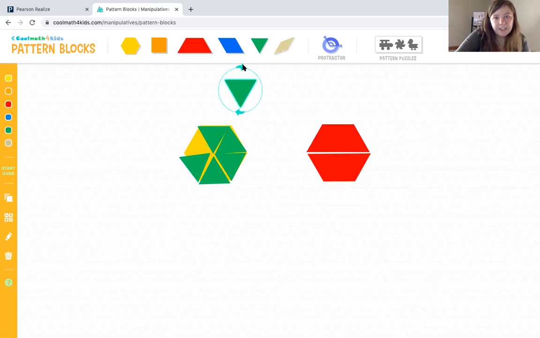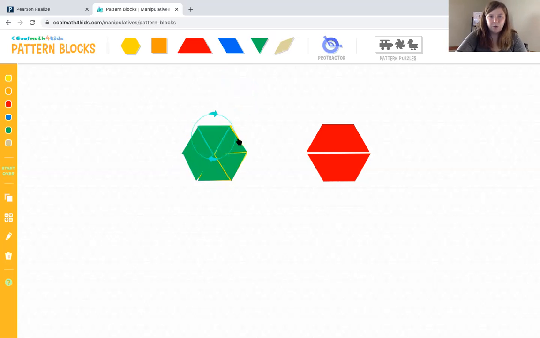So if you're feeling like doing some puzzles, it has some shapes for you to make. Now I'm just going to fix some of my triangles to make it a closer fit.